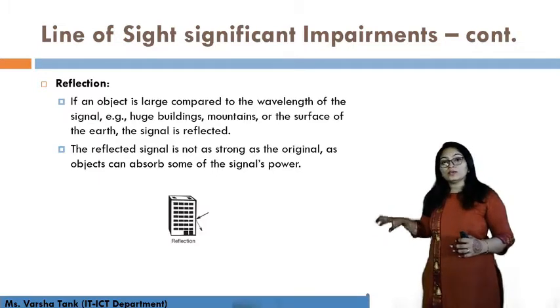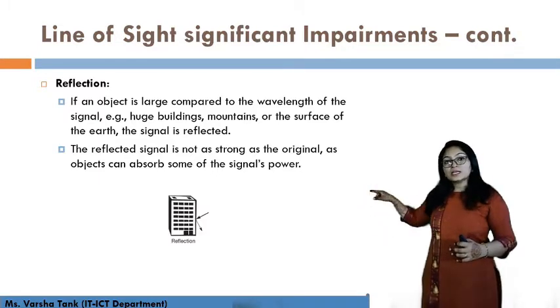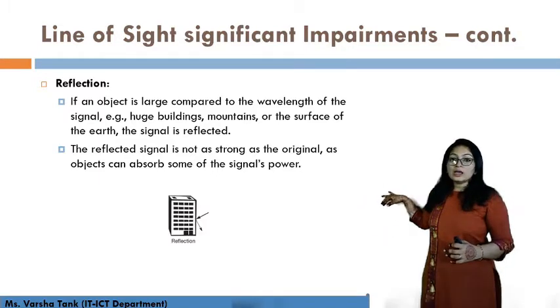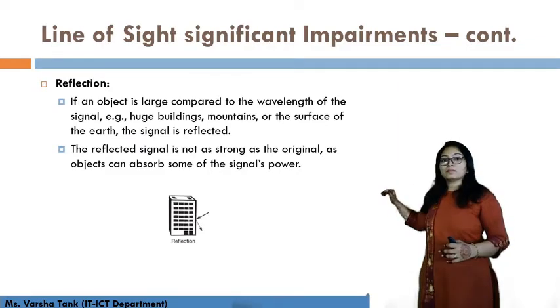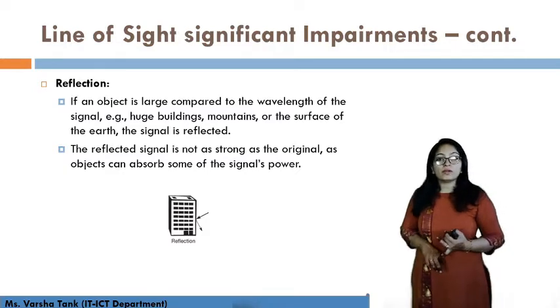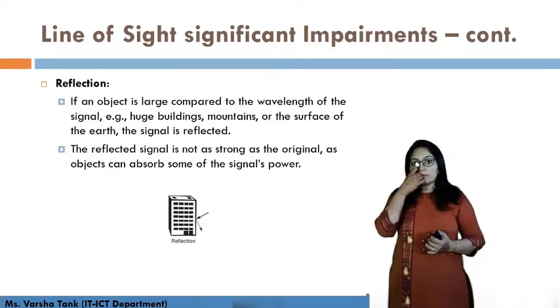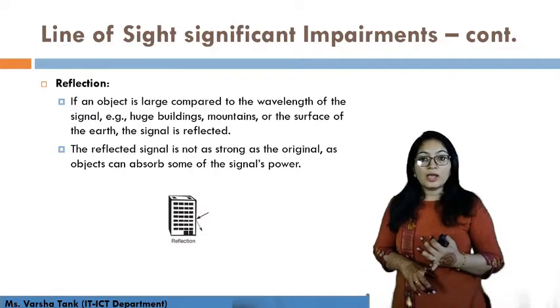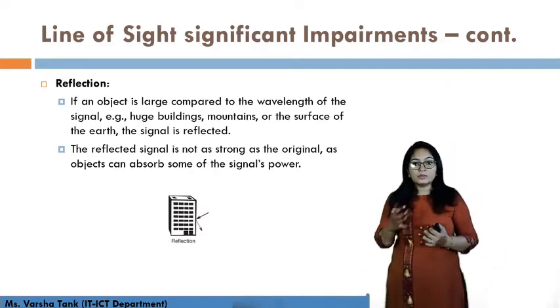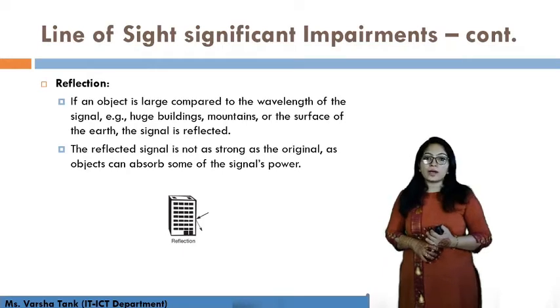You can see in the figure, this is the building. The signal is traveling and in its way there is one building, so the signal is reflected by that building. The reflected signal is not as strong as the original, as the object can absorb some of the signal's power.